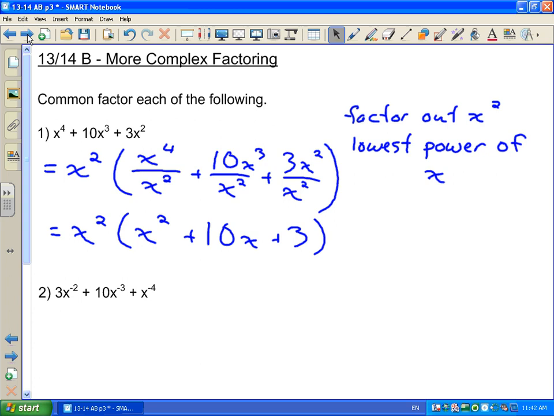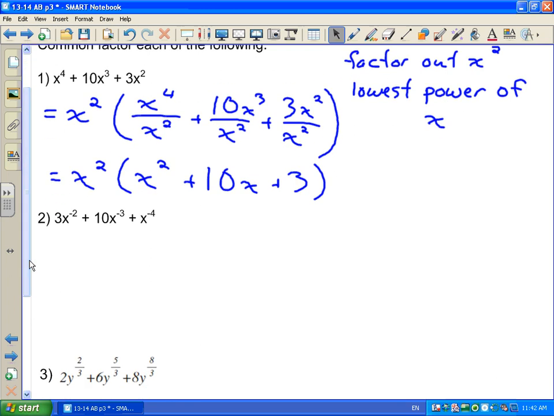So let's take a look at this second example here. Similar to the first one, but now instead of positive exponents, I have negative exponents. What am I going to factor out from each of these terms here? Yeah, x to the negative 4, because again, that is the lowest power of x. Okay?